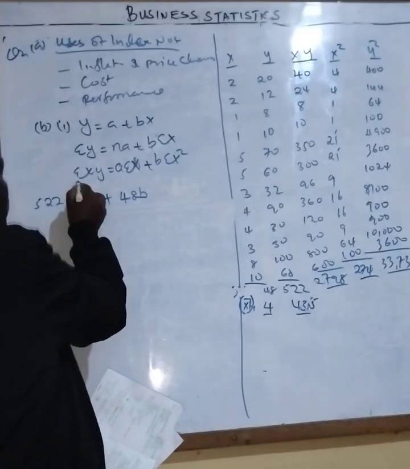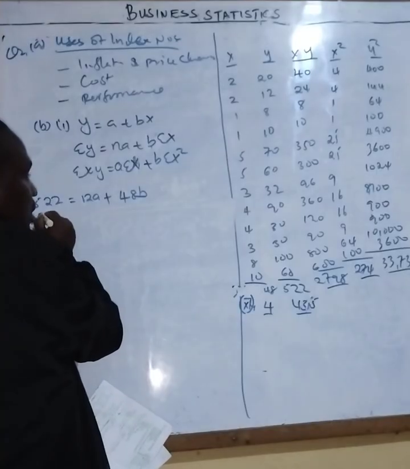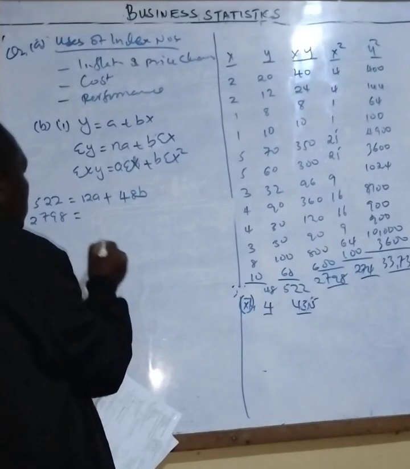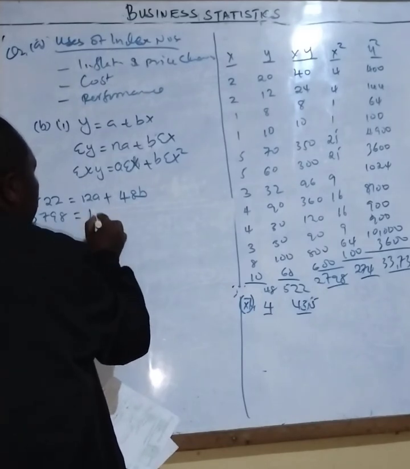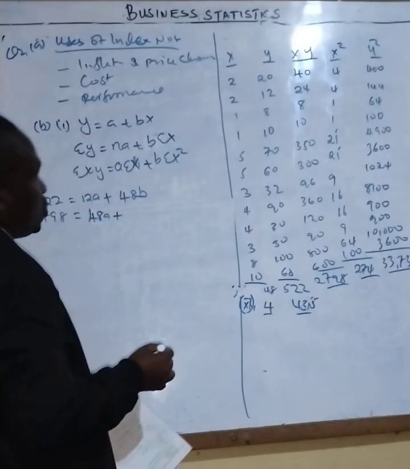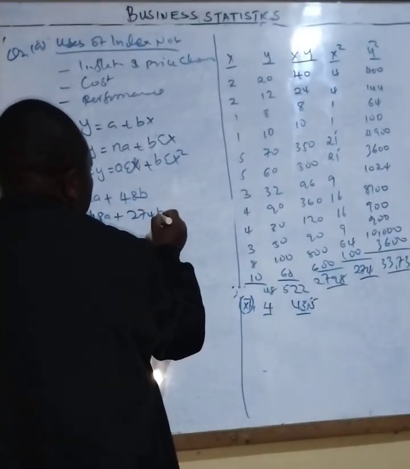Correct? Then this one is xy, you can see the xy is here. So you put 2798 equals 48a plus x square, which is 274b.